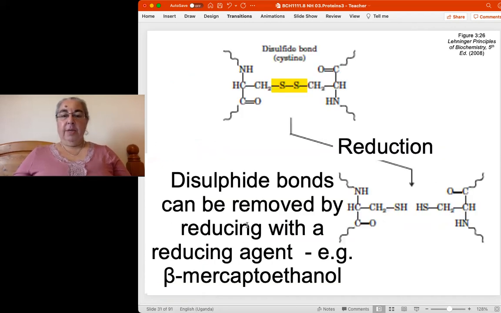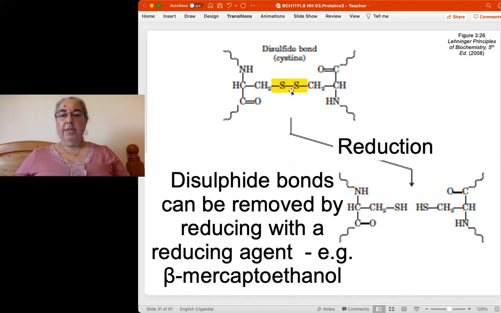Okay, so disulfide bonds can be broken by using a reducing agent. We said that it's an oxidation reaction that forms the disulfide bond. So to break that bond, we need a reduction reaction. And a good reducing agent that's often used for this purpose is called beta-mercaptoethanol.